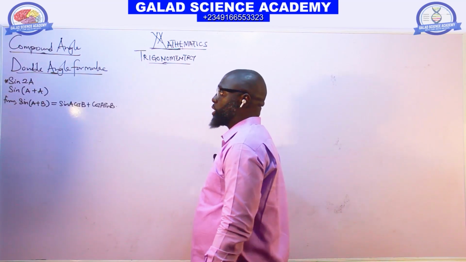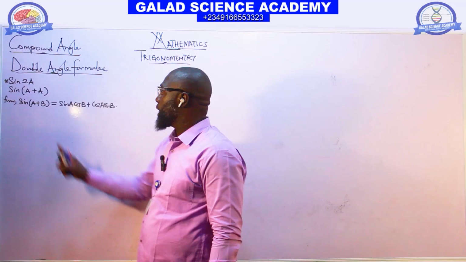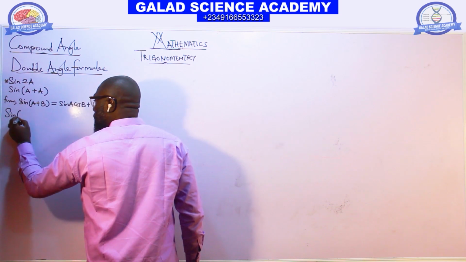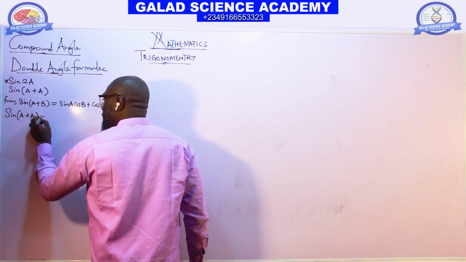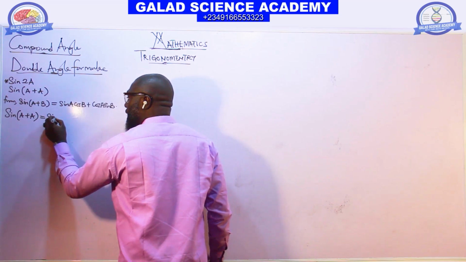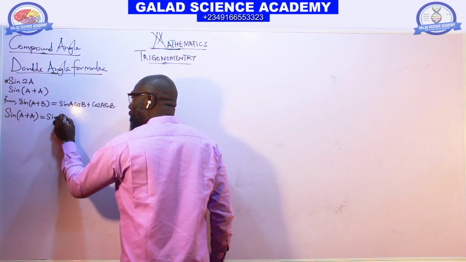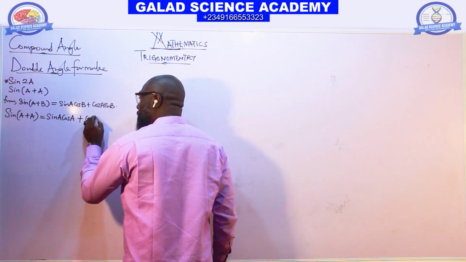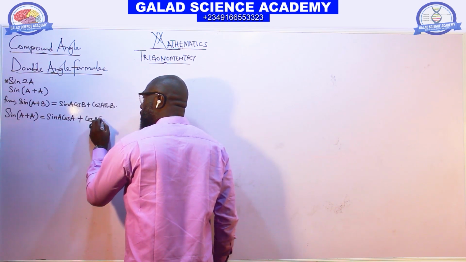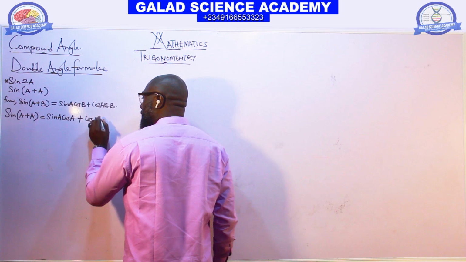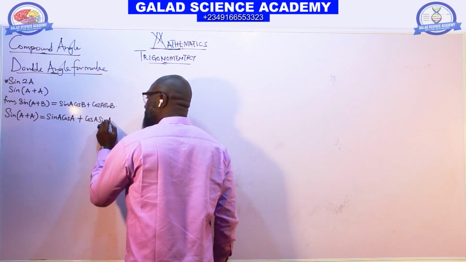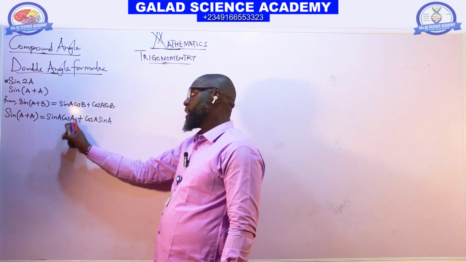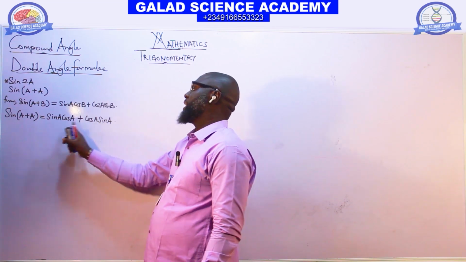Then this 2A we can write in this form: sine of A plus A will be sine A cos A plus cos A sine A. This is sine A cos A, cos A sine A. It's the same.